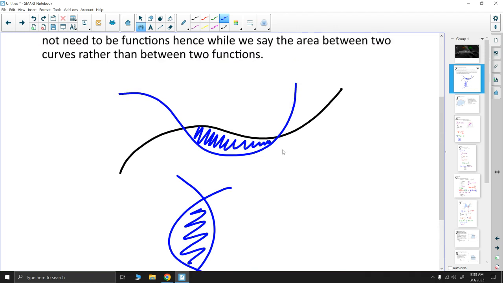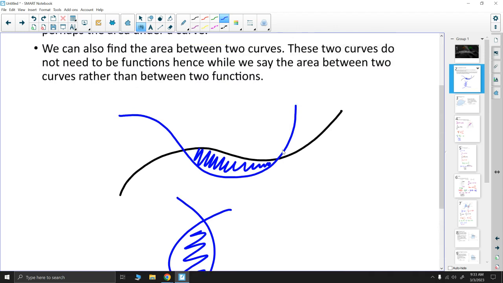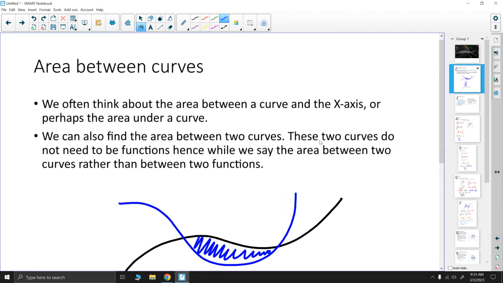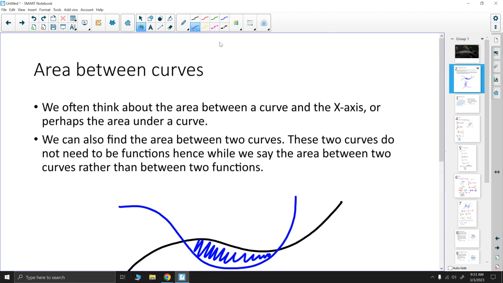Now, the benefit of this is that we can talk about areas of much more complicated shapes than we would otherwise with, say, geometry. Because at the end of the day, when it comes to geometry, if we were going to try and describe complex shapes, even something like this, which is fairly complicated, can be described in terms of a half circle, triangle, rectangles, etc. So essentially, we're not restricted to that anymore with calculus.